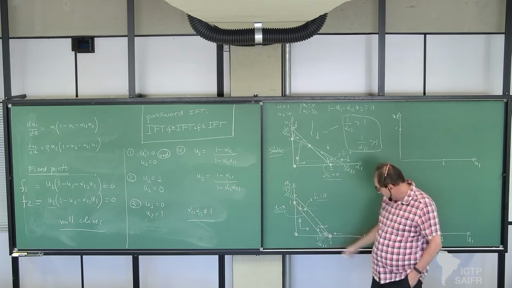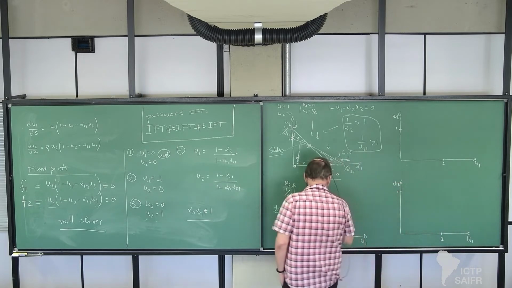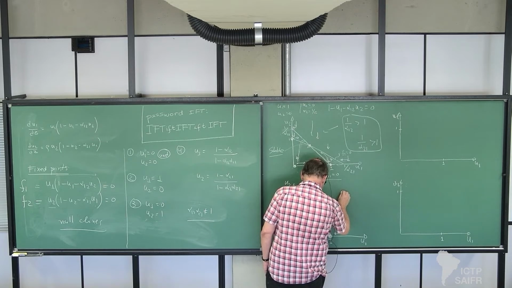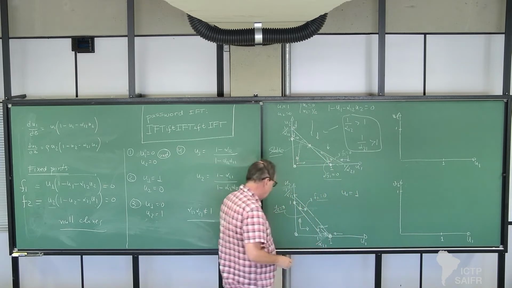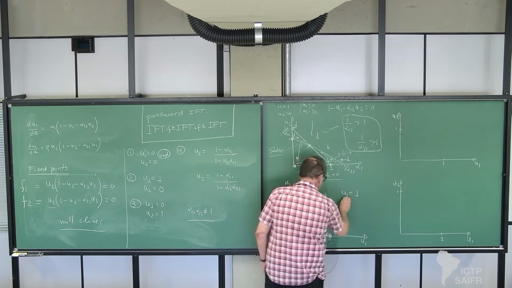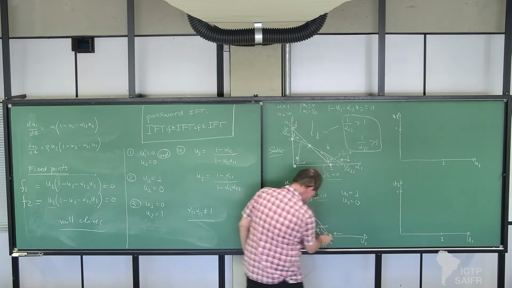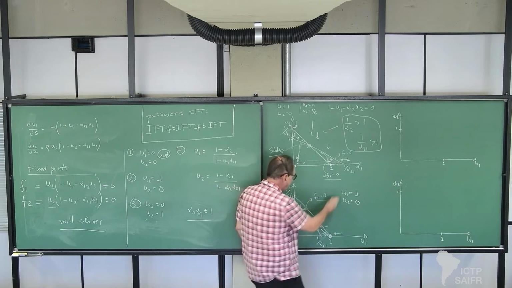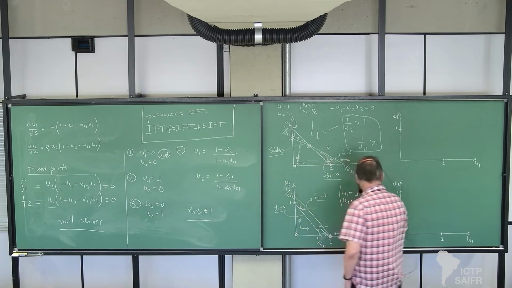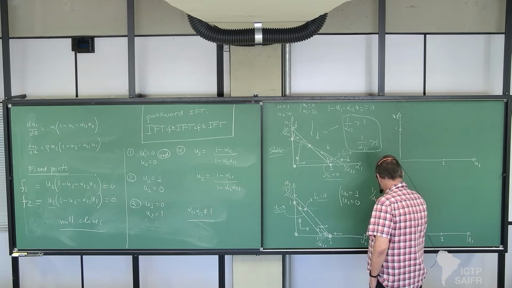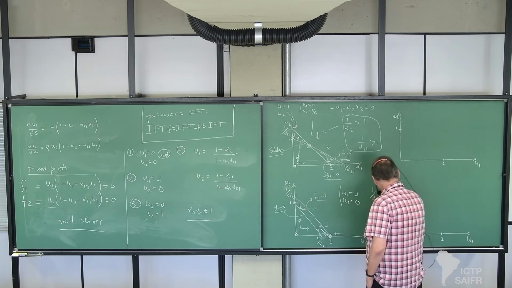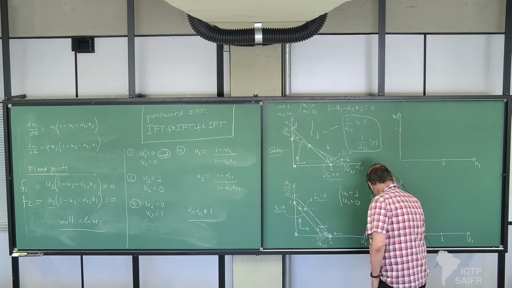So this is the case where the fixed point is u1 equal to 1 and u2 equal to 0, and it's valid if 1 over alpha 1,2 is larger than 1, but 1 over alpha 2,1 is smaller than 1.